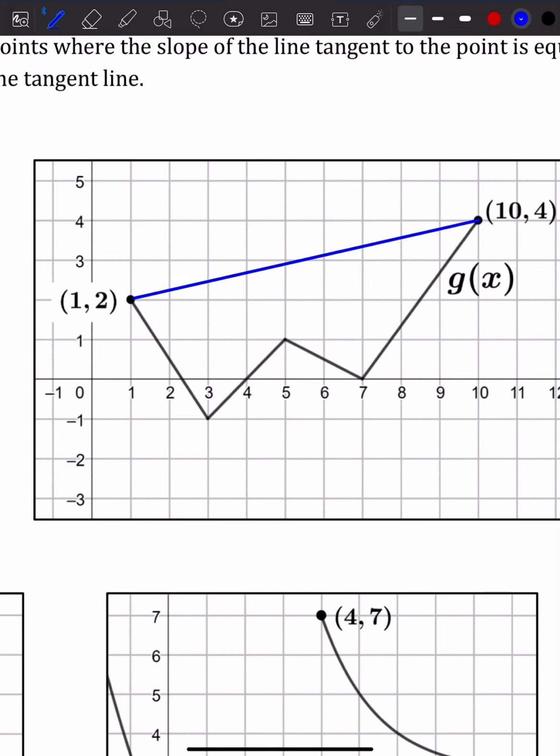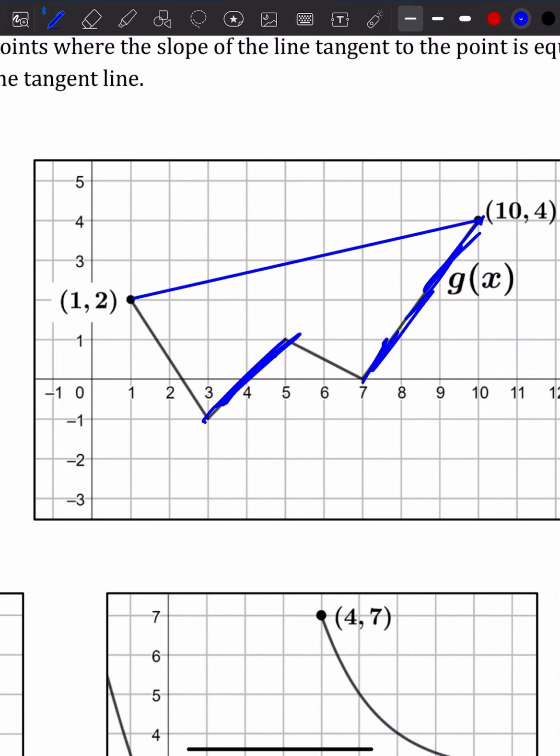This time our slope looks like this. This one's a little bit easier to decide. The reason why is because these are all linear equations. So if I look at this function here, I want something that's going upwards. The only times that we have slopes that are going upwards are here and here.